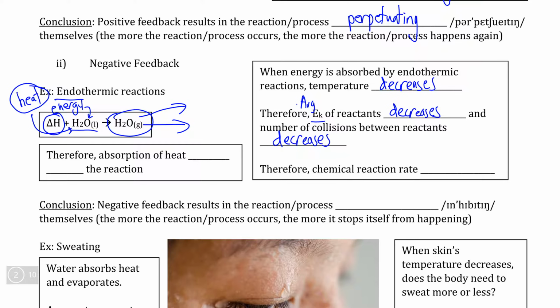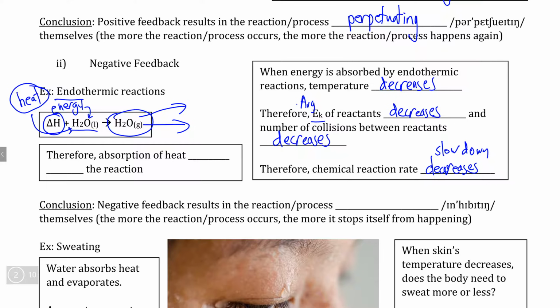And therefore, as a consequence of this decrease in temperature, we would expect the chemical reaction rate to decrease as a consequence, or to put it in more layman's terms, to slow down.